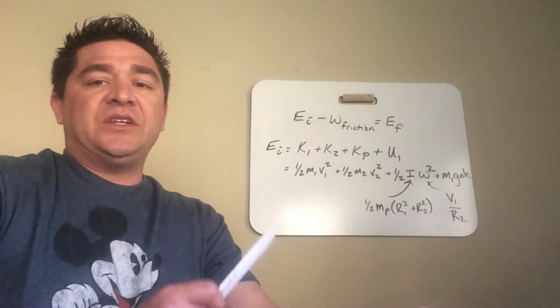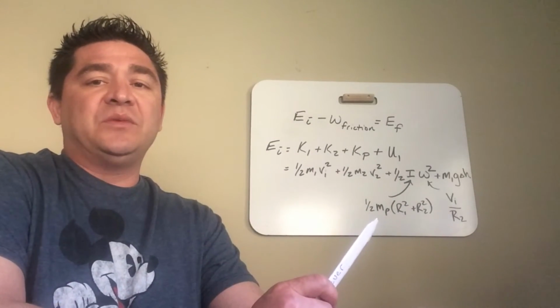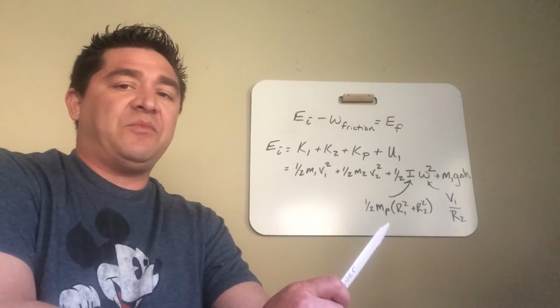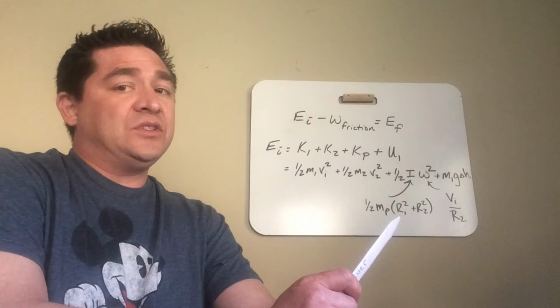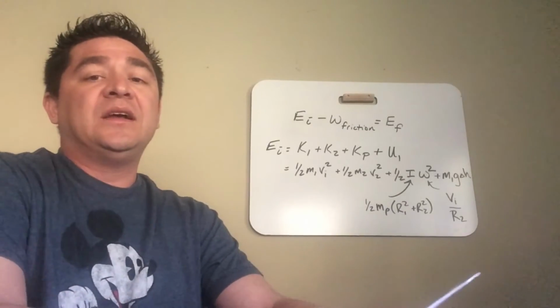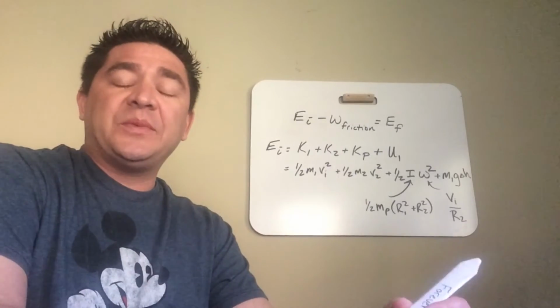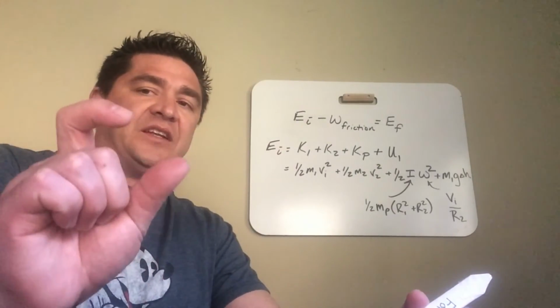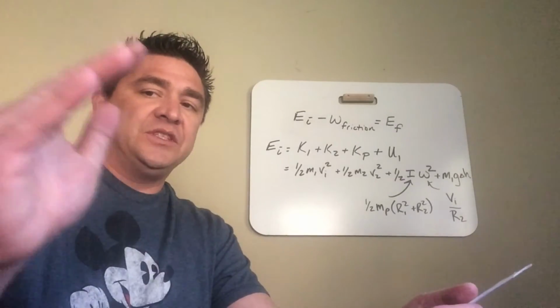The trick here is making sure you're using the right moment of inertia formula for the thick cylinder of the pulley. So 1/2 mass of the pulley, R1, which is the small radius squared, plus R2, which is the biggest radius squared. Look that up on your cheat sheet if you need to; realize that that pulley's got a thickness. It's not a thin hoop and it's not a full disc.